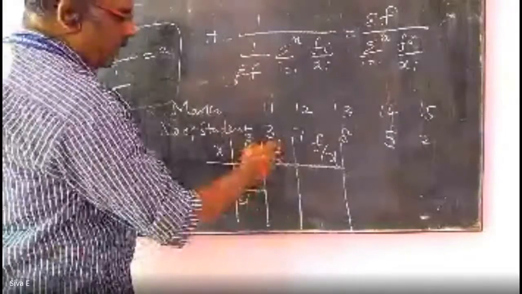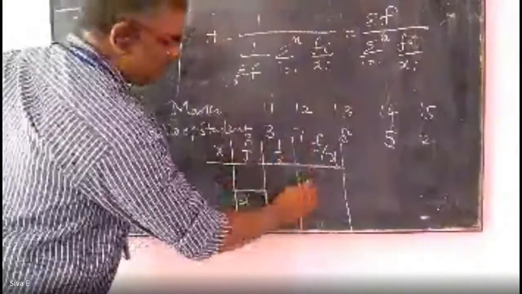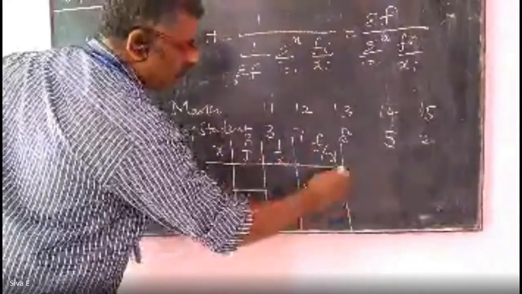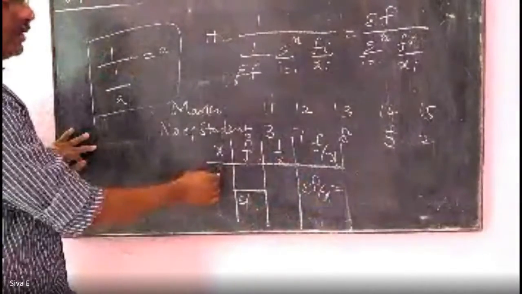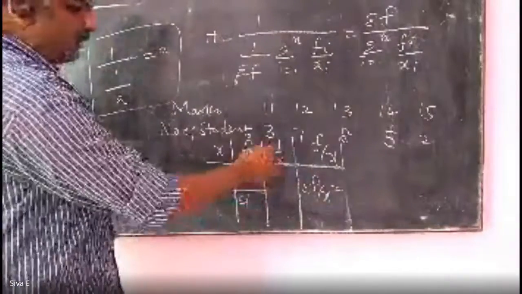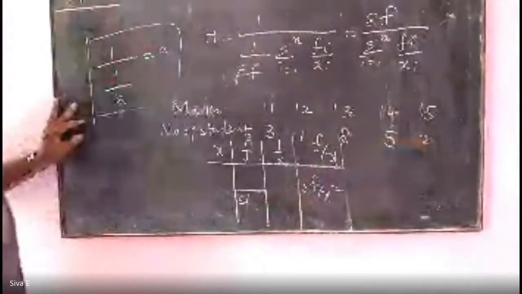Here there is no need to find summation of 1 by x; we have to find summation of f by x. So first write the x values: 11, 12, 13, 14, 15. F is the respective f: 3, 7, 8, 5, 2.